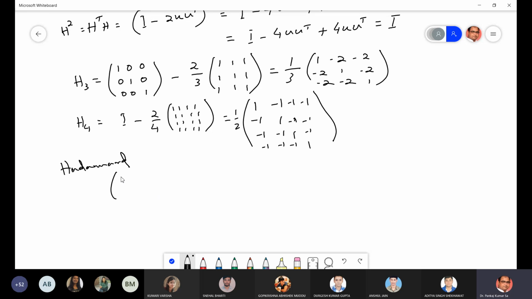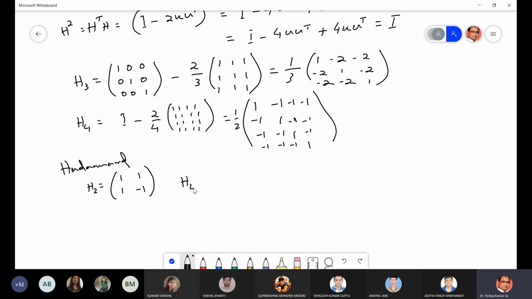One of them is 1, 1, 1, minus 1. Okay, this is Hadamard. Don't get confused, I'm using the same notation H2 for the second order Hadamard.